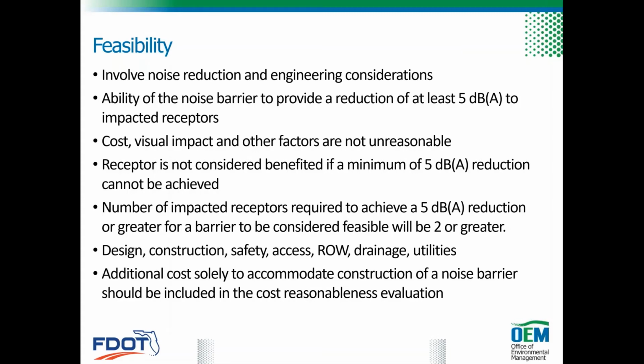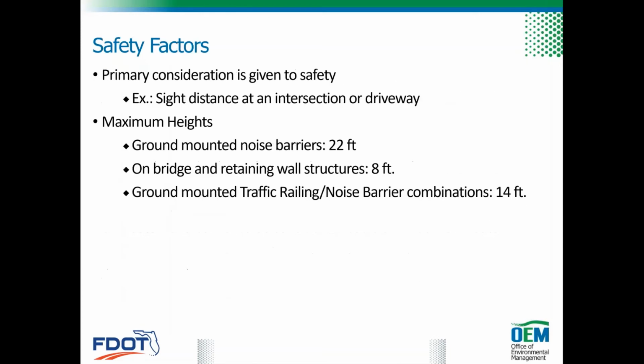It also considers the design, construction, safety, access, right-of-way, drainage, and utilities, and considers the additional cost solely to accommodate construction of a noise barrier; it is included in the reasonableness evaluation.